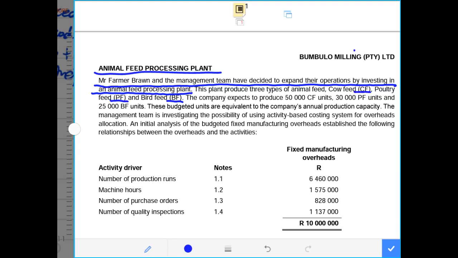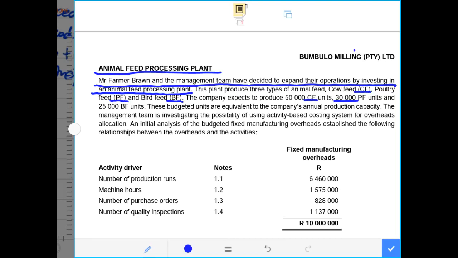The company expects to produce 50,000 units of CF, 30,000 units of PF, and 25,000 units of bird fat. These budgeted units are equivalent to the company's annual production capacity. The management team is investigating the possibility of using activity-based costing for overheads allocation.